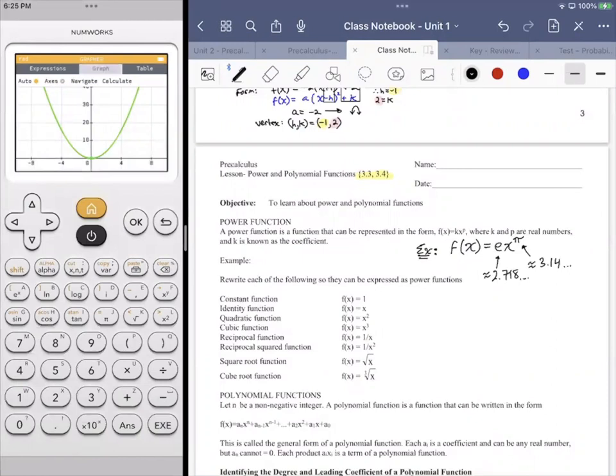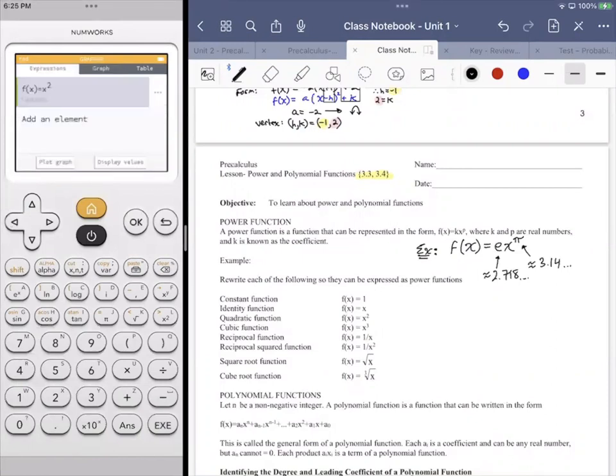Now, if I want to put in this newfangled one that I just created, I'll just put it in as y equals alpha, y, shift, e. For NumWorks, I haven't quite figured out how to bring up just the letter e. My suspicion is you're always going to bring an e to a power and just delete the power.